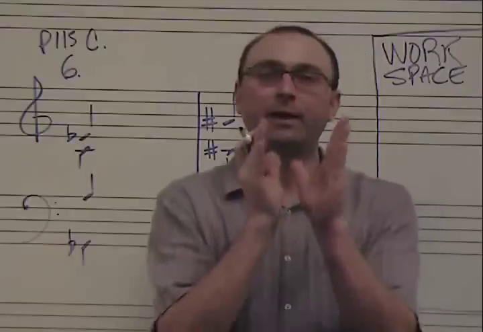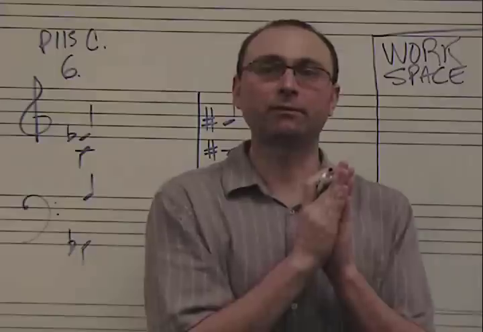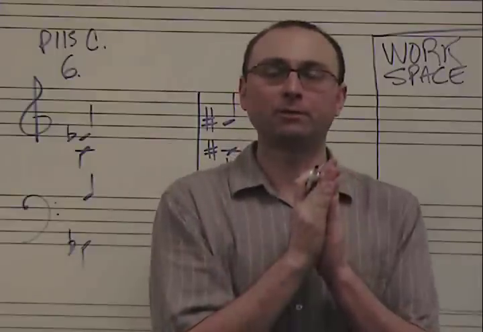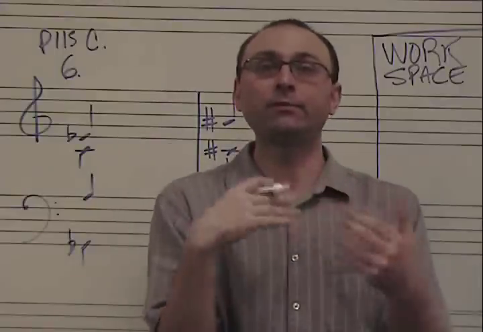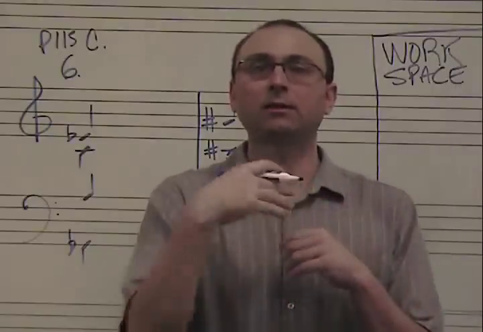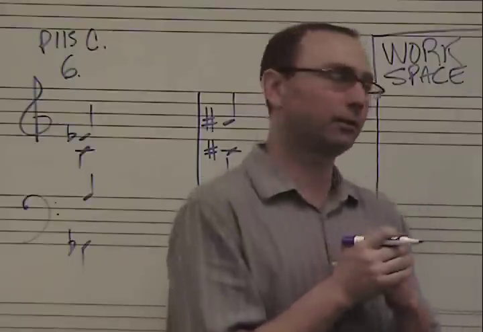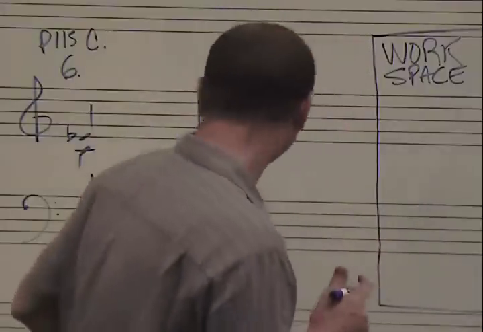If it's a half diminished seventh chord, it belongs to a major key. If it's full diminished, that belongs to a minor key. Then we can figure out what chord it needs to resolve to, analyze the key, figure the position, and complete the exercise. Let's take a look at number 6.